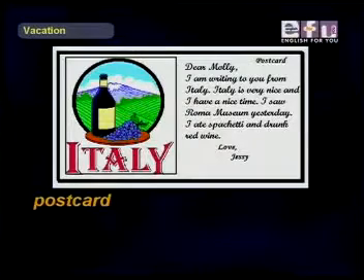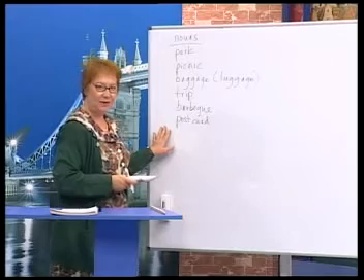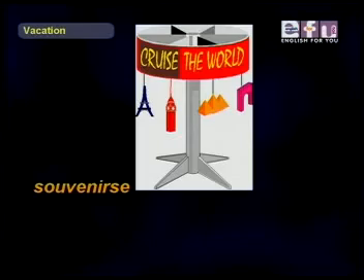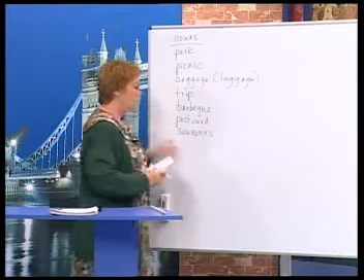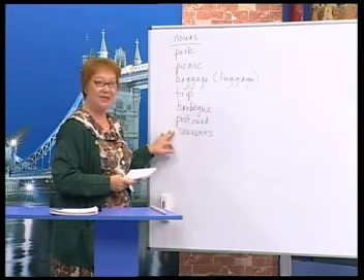Next is postcard. We send postcards to our friends when we are on holiday. Okay, usually they come after we come back. So postcards. Next, souvenirs. This is a French word that came to English.